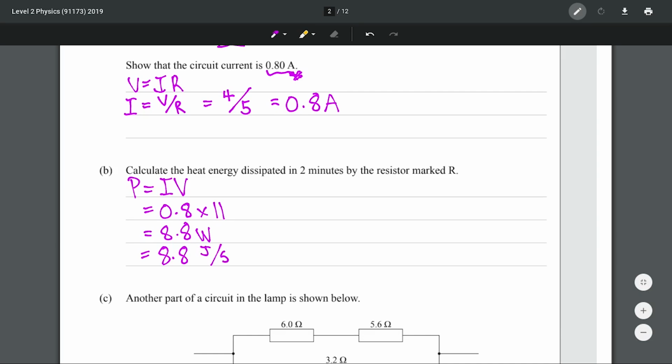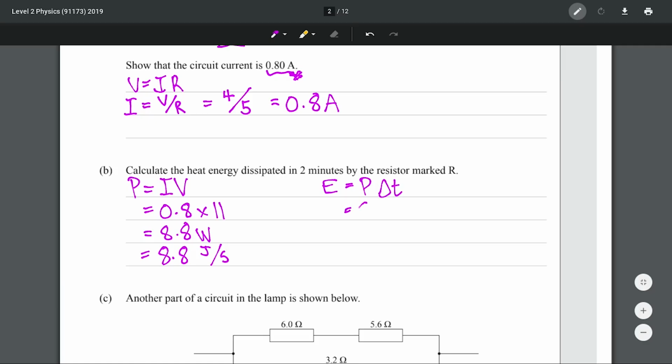Now, a watt just so happens to be a joule per second. So if we multiply our power by the number of seconds that we're dissipating our energy, we will get the total amount of energy dissipated in that time. So long story short, our energy is equal to our power times the duration in seconds.